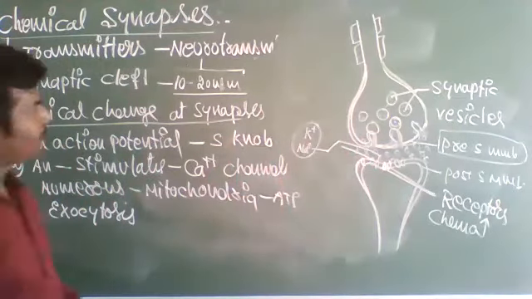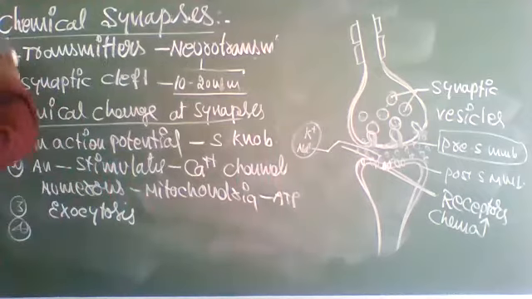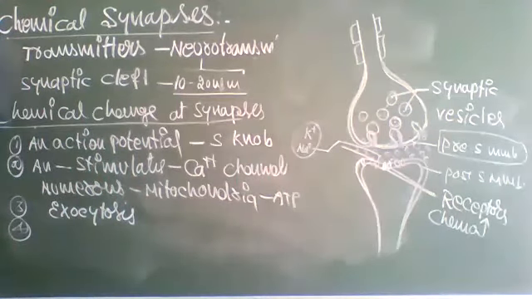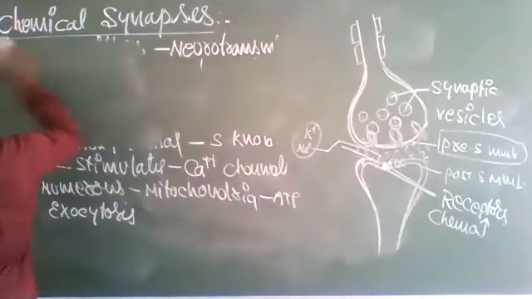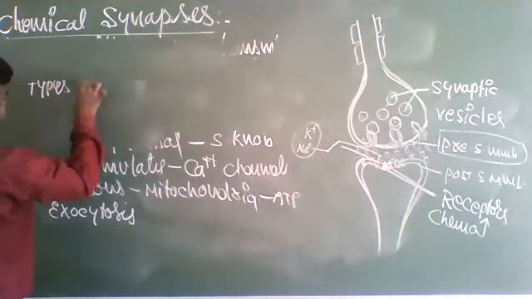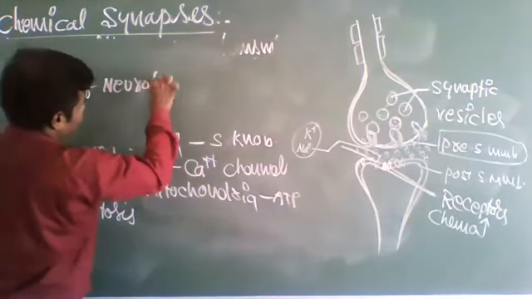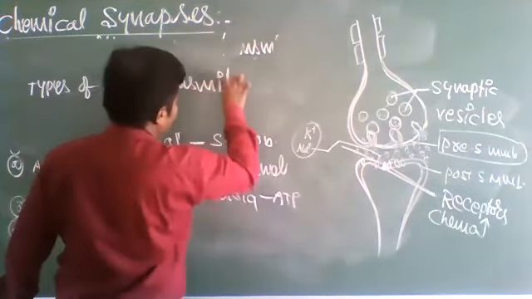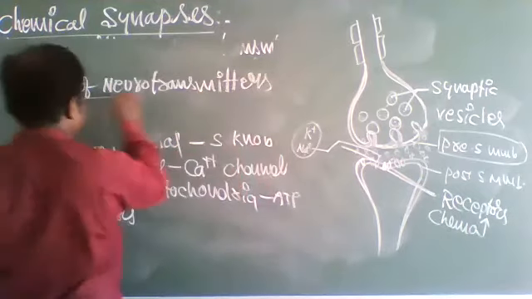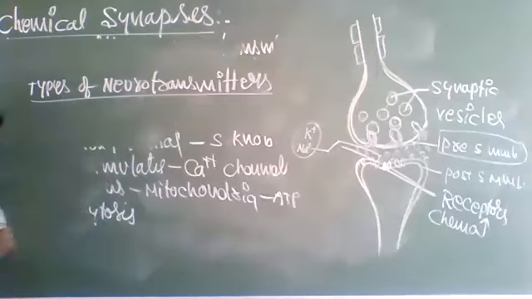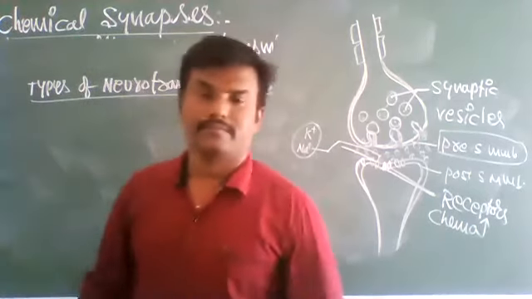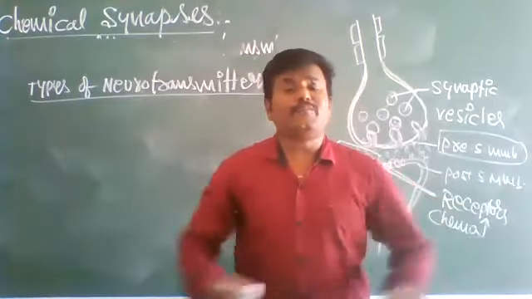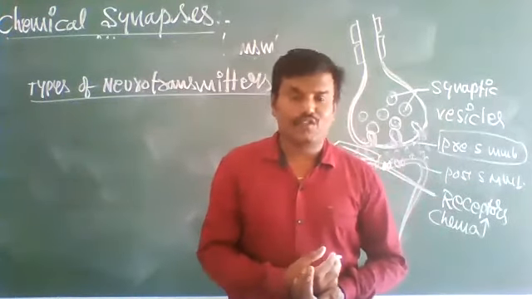Now, types of neurotransmitters. There are 30 different types of neurotransmitters discovered so far.